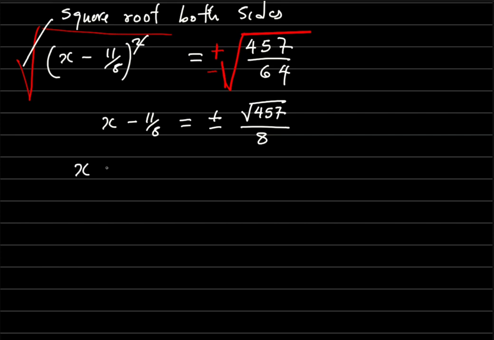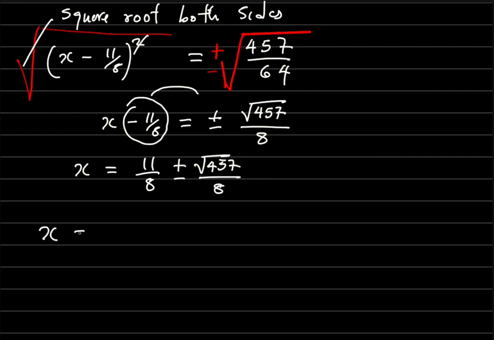Then x is now equal to, this one will move to the other side because we are looking for x. Once it moves, it becomes 11 over 8 plus or minus the square root of 457 over 8.